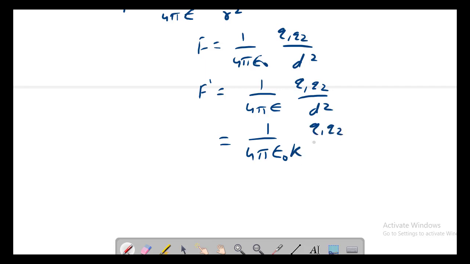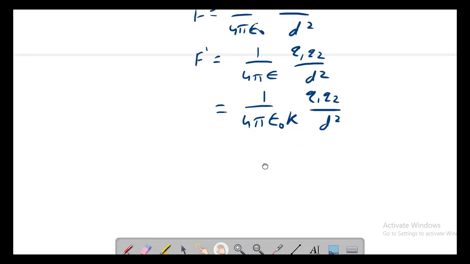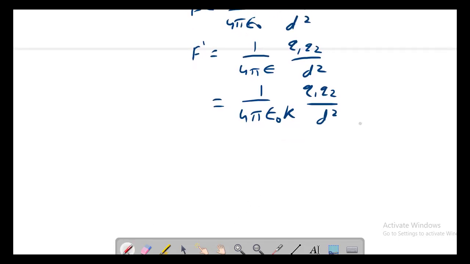q1 q2 upon d square, but k is given as 4, so here we have 1 upon 4 pi epsilon 0 into 4 q1 q2 upon d square.